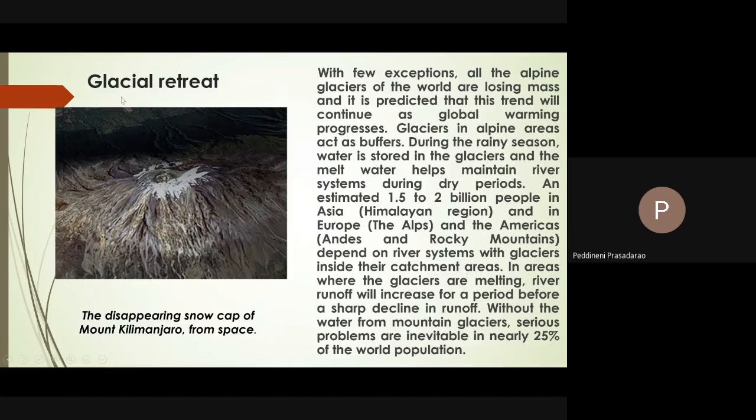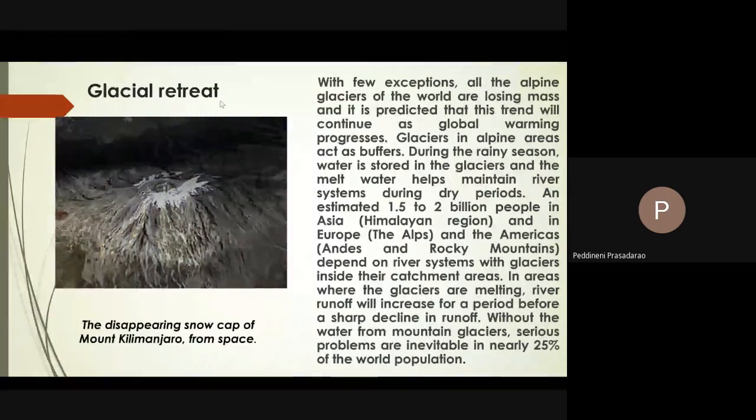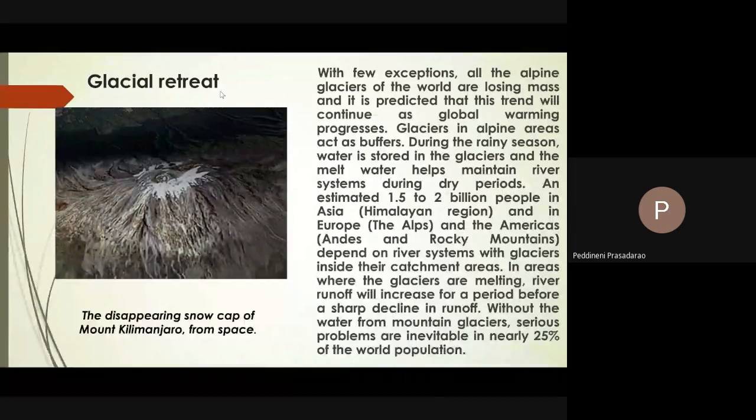And glacial retreat is also reducing. Once it reduces, you can think of a sharp decline in the water from mountain glaciers. Serious problems are inevitable.